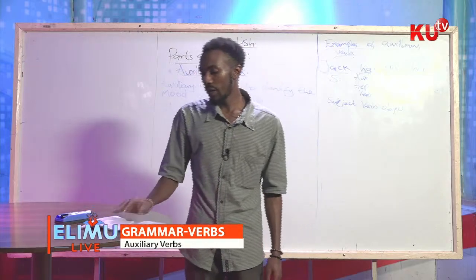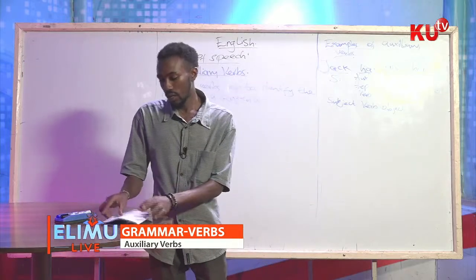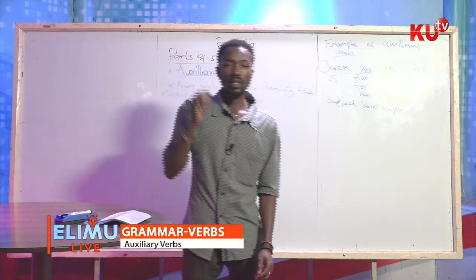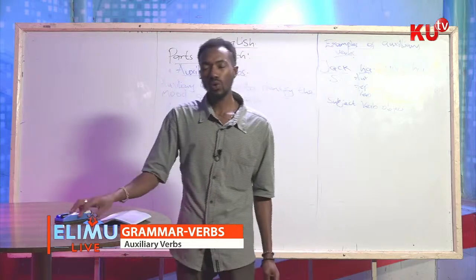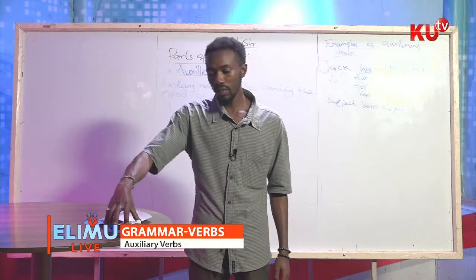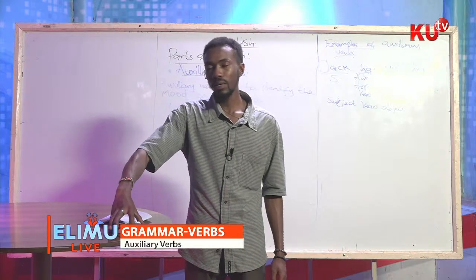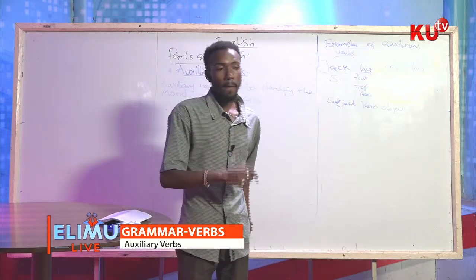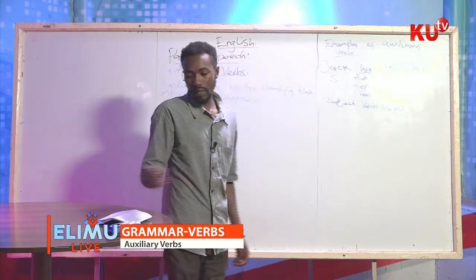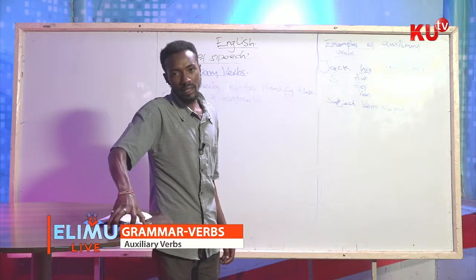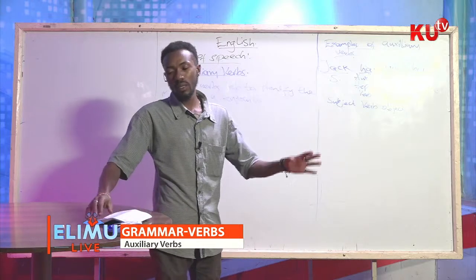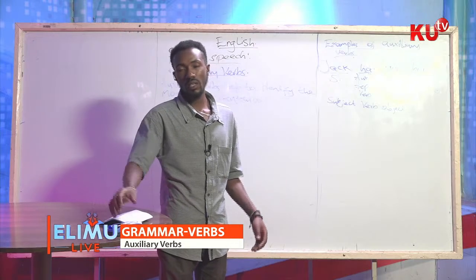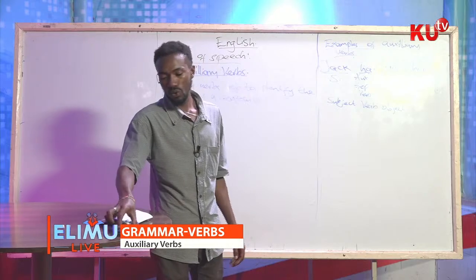Now, something very important for learners to remember is that "is" is also a part of a verb. It gives us the forms of be. For example, is, are, was, were. All the forms of be can be used as auxiliary verbs, to be very precise.